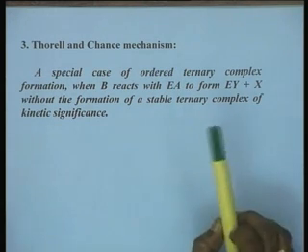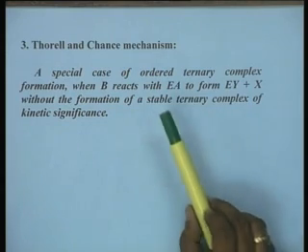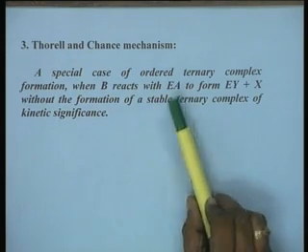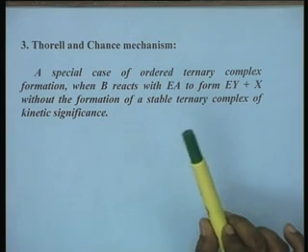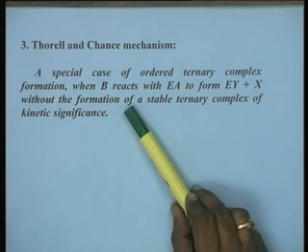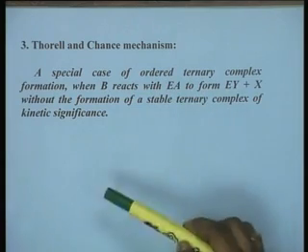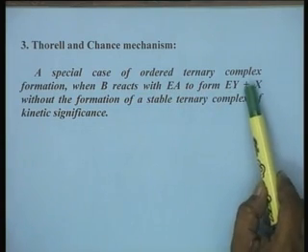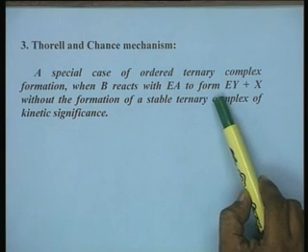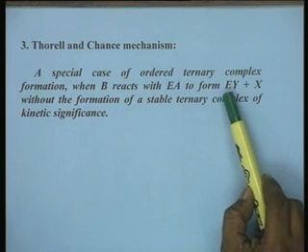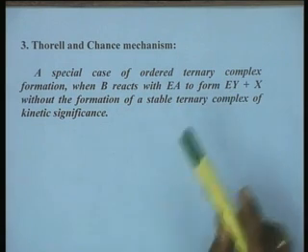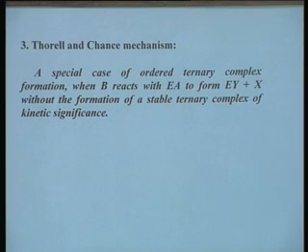In this special case, when B reacts with EA, of course the order is important, B can react with the enzyme only when A has bound to it, and one of the products is released and a modified enzyme-substrate complex is generated. That means a first product has been released without the formation of a stable ternary complex of kinetic significance.